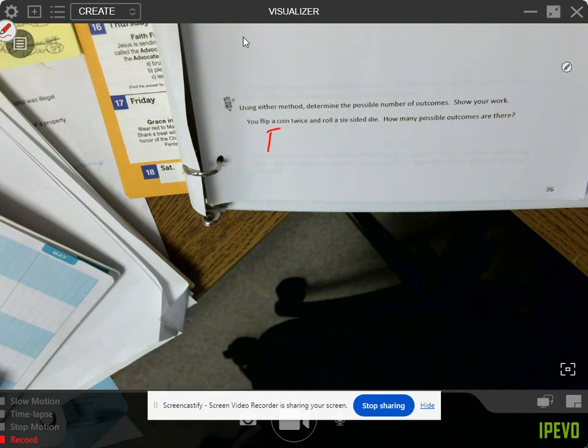We flip a coin, flip 1, then we have to flip it that second time, flip 2, then we roll the dice. So you are absolutely correct, Melanie. There are 3 events happening. We flip that coin twice, that's 2 events.